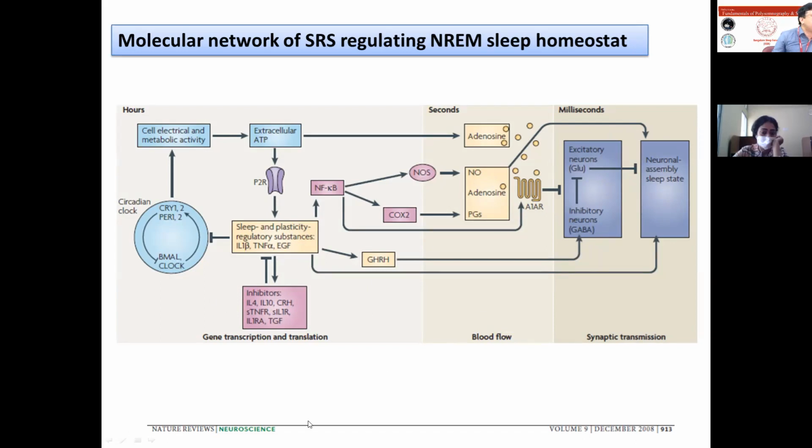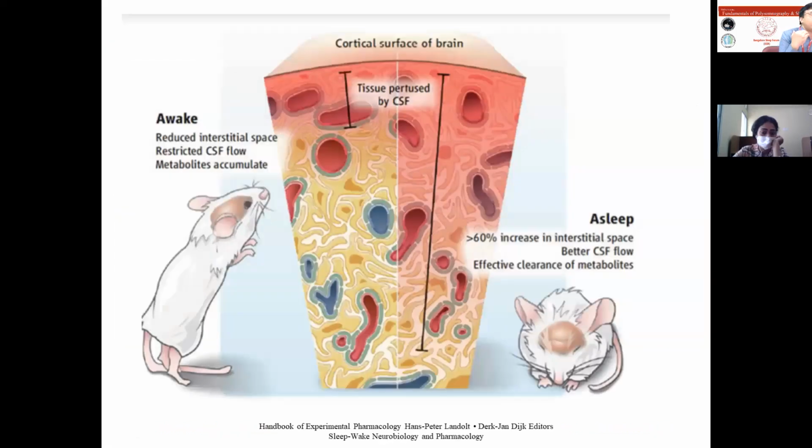So this whole cascade, which can start at the genetic level with the expression of the receptors, in turn brings about various changes in synaptic transmission, and because of sleep as such, there will be an increase in the interstitial space, where it can even increase the blood flow, so that these waste products are drained out, as we heard in madam's lecture earlier, that during sleep our interstitial space is increased, which will facilitate the clearance of all these metabolites.